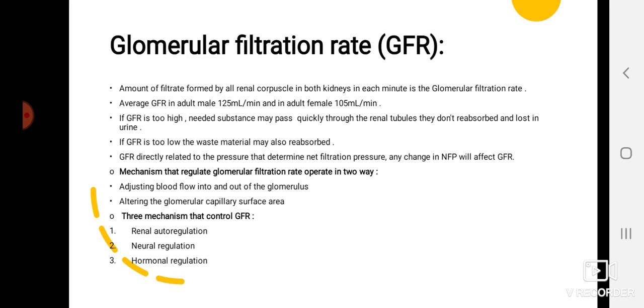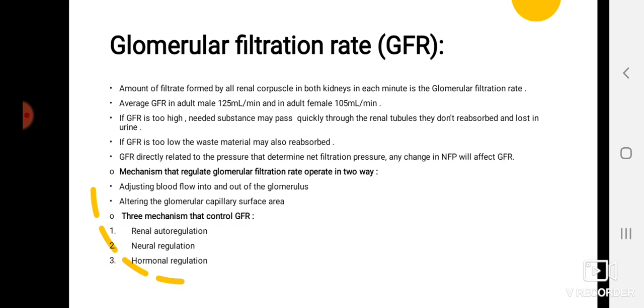So what happens? The substances which should be absorbed by the capillaries, those substances which are needed for the body, cannot be absorbed into the bloodstream. They are excreted into the urine.